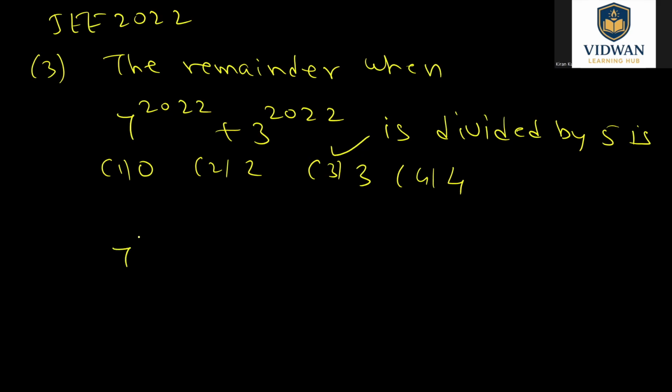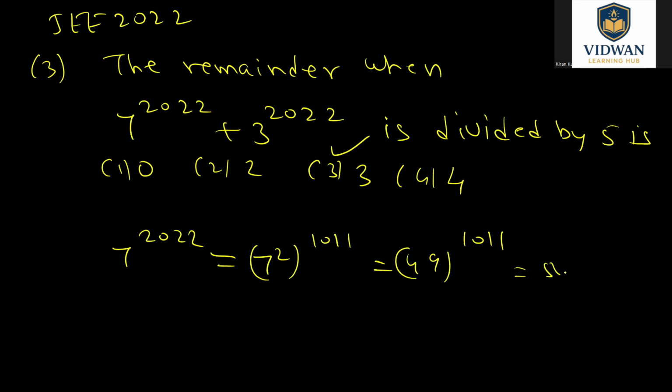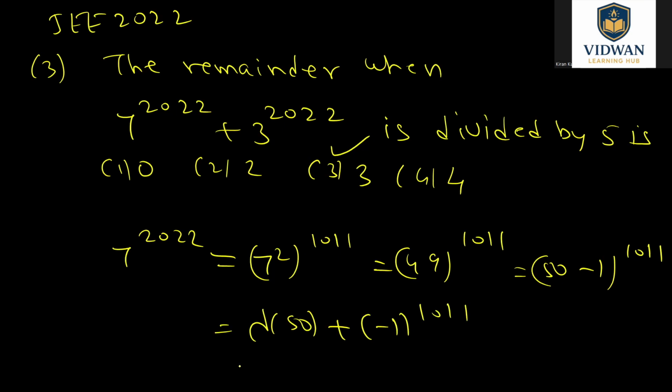Yeah, so 7 power 2022 can be written as 7 square power 1011, which is 49 power 1011, and involve 50. So (50 minus 1) power 1011. So it is in the form of (x minus a) power n. So it will be lambda x, that is lambda into 50, plus minus a power n, which means minus 1 power 1011. And because the power is odd, you'll get a minus sign.